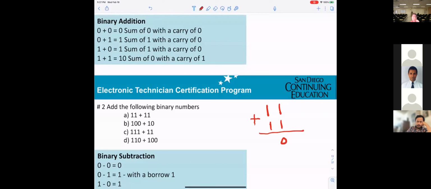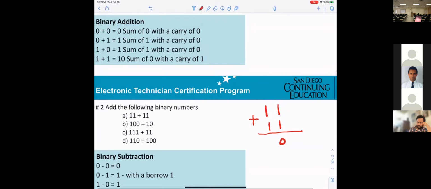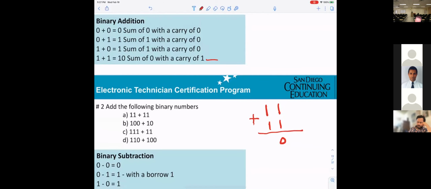Carry the 1 over to the next column and then add them up.